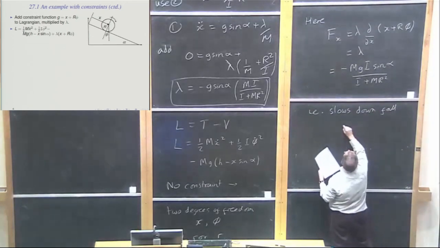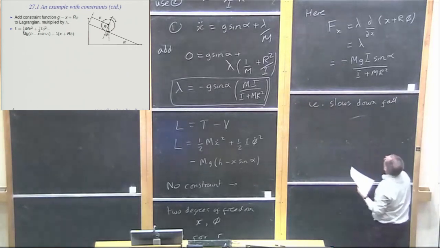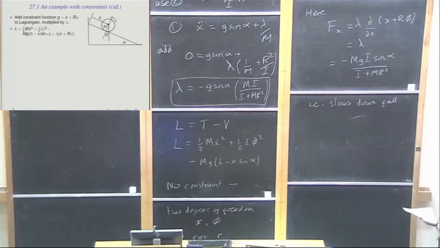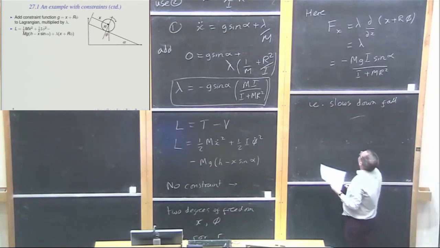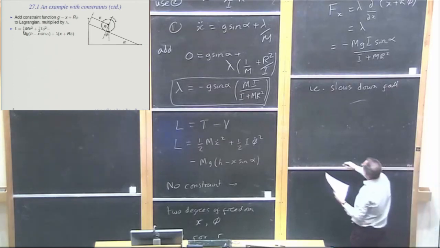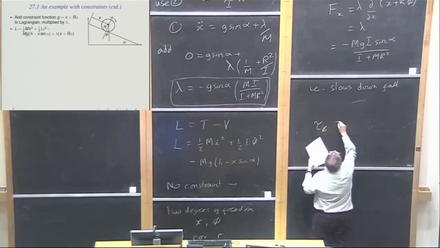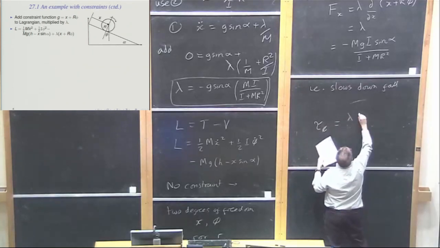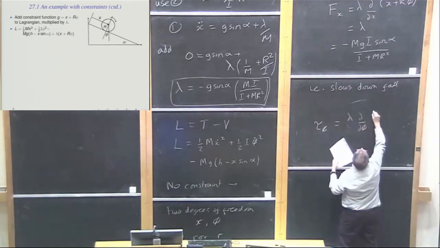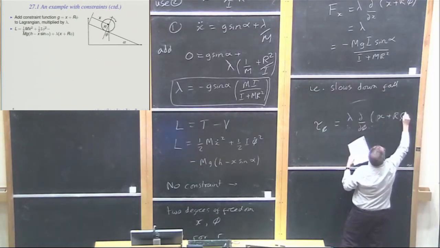Now we have another coordinate which is phi, so we can look at that. I know with phi that what we're going to end up with is not a force but a torque, so let me anticipate that and write T phi, and that's going to be lambda d by d phi of x plus r phi.